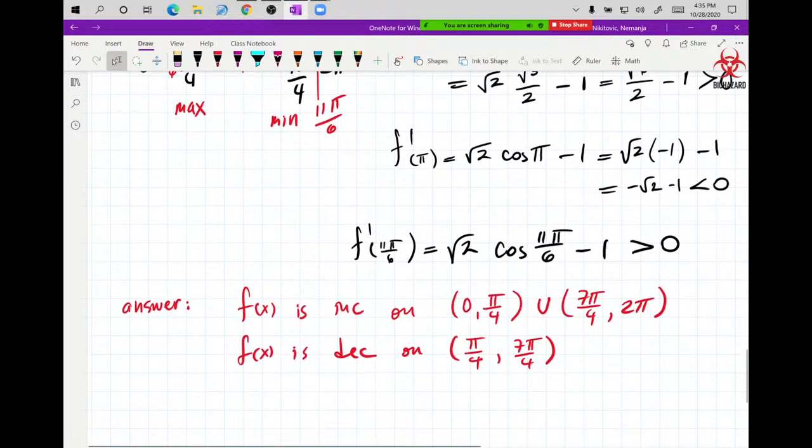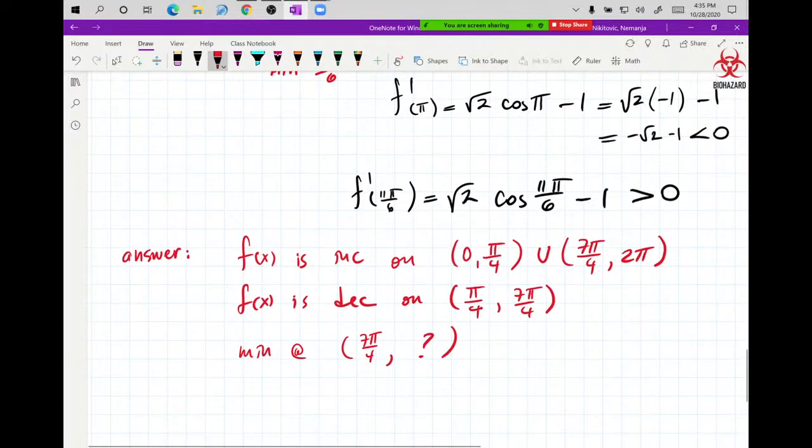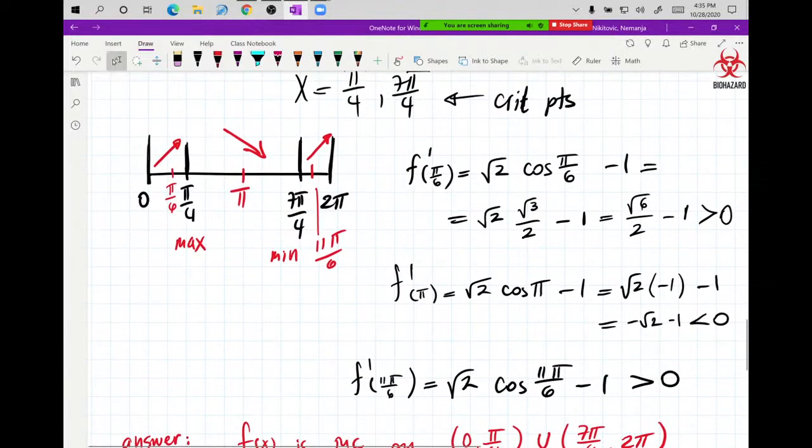You can also add to this that there is a minimum at 7 pi over 4 comma, you compute the y, and then the maximum at pi over 4 comma whatever the y is. Let's compute it, it's not the end of the world.